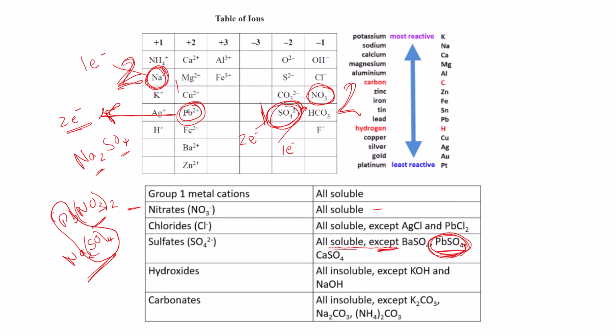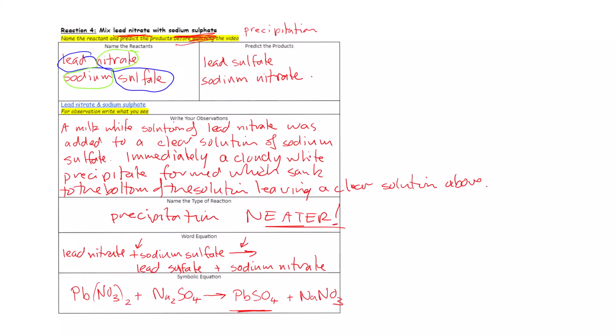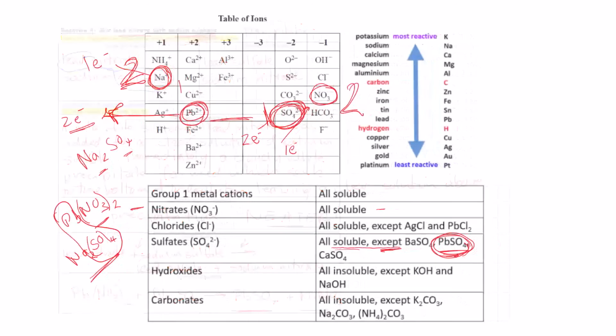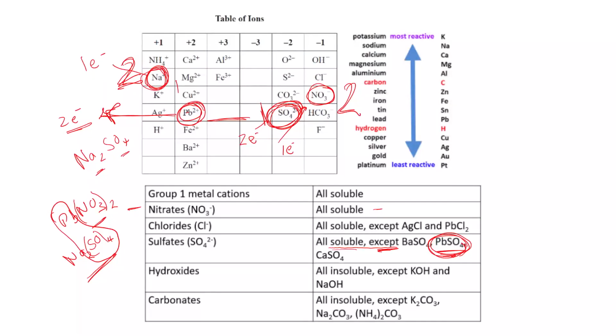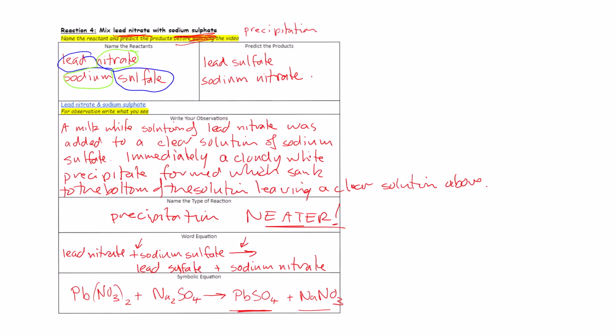Let's have a look then, what would be the formula for lead sulfate? Lead forms positive 2 ions, sulfate negative 2, so we need 1 of each. That's the formula for lead sulfate. And sodium nitrate: sodium forms plus 1 ions, nitrate negative 1, so we need 1 of each. Now we've got 2 nitrates over here and 1 over here, so we need 2 in front of the sodium nitrate.